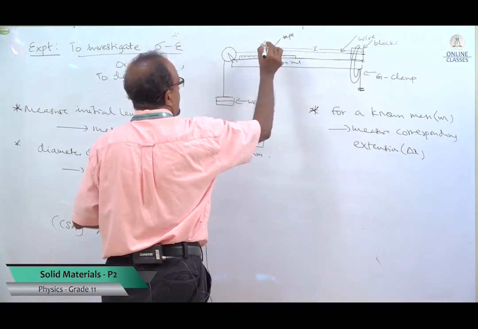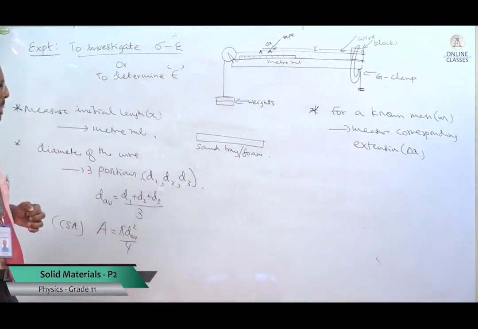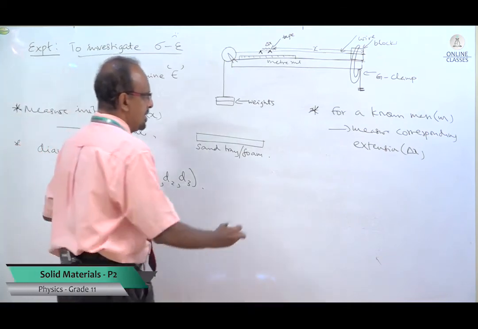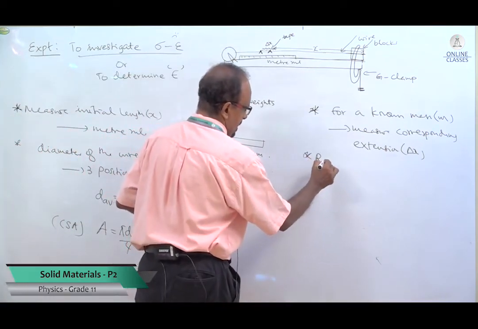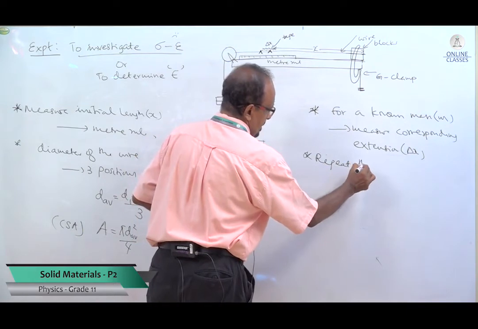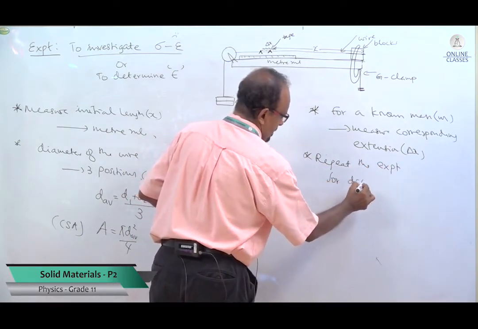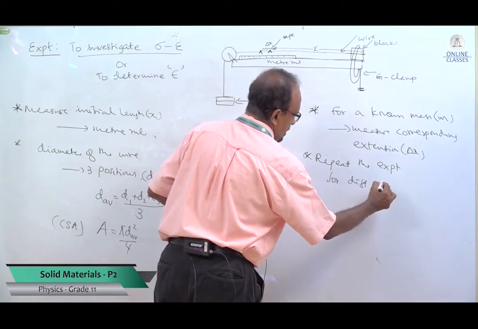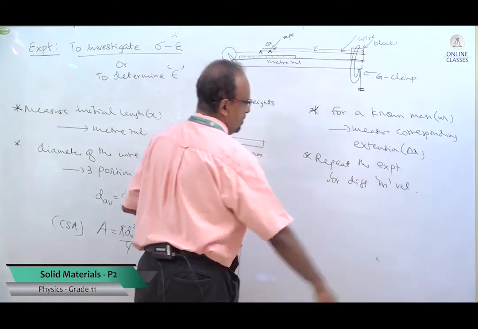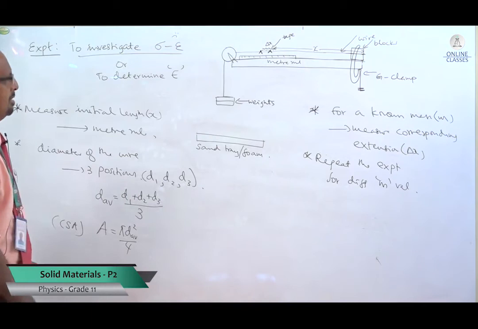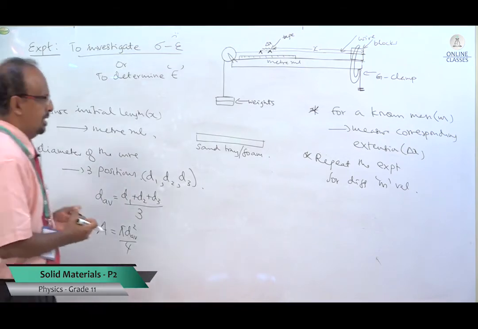That is delta x. Then we repeat the experiment for different m values, so we can get many different readings.